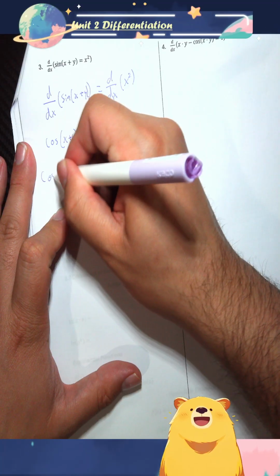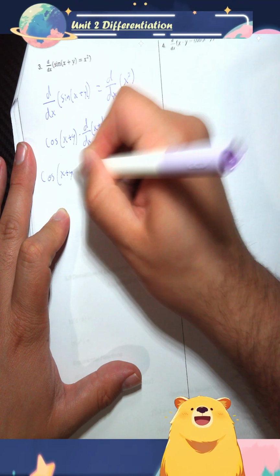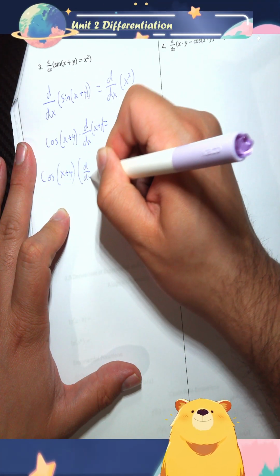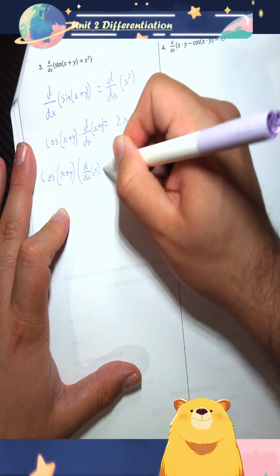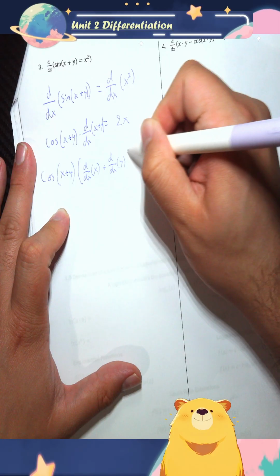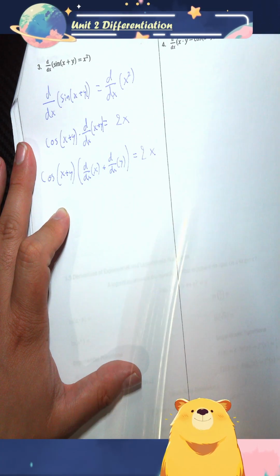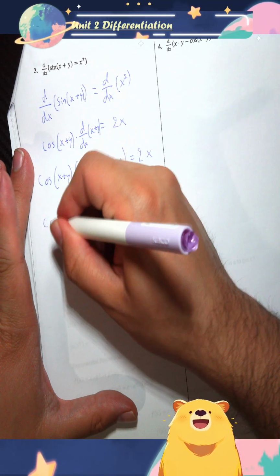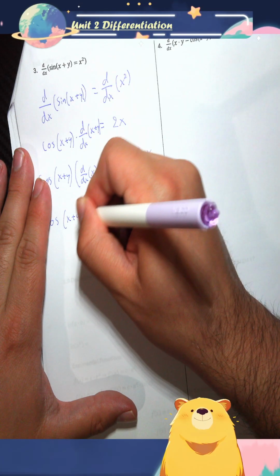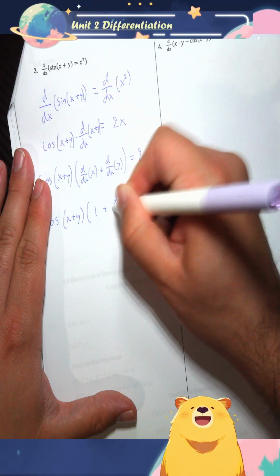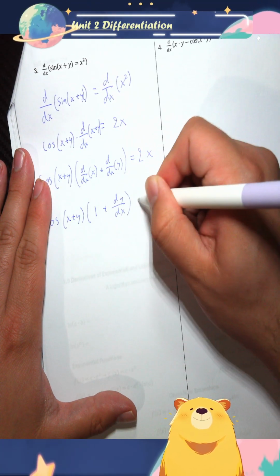That derivative gets distributed basically: dx of x plus dx of y. And then that's just going to be the number 1. And that's going to be just dy over dx.